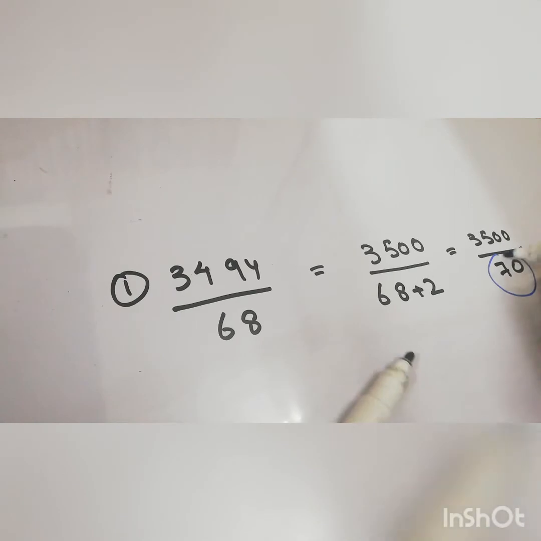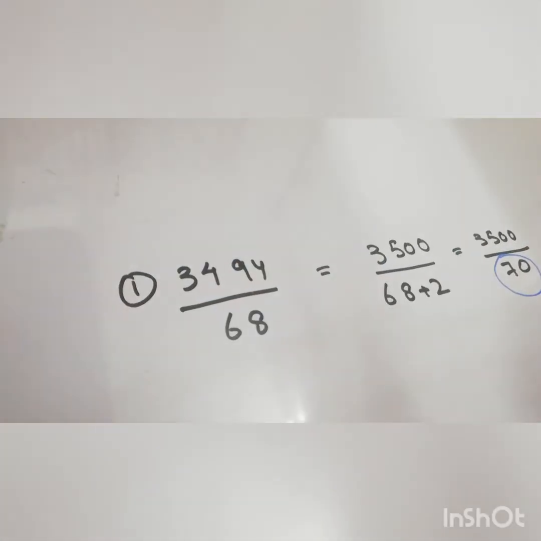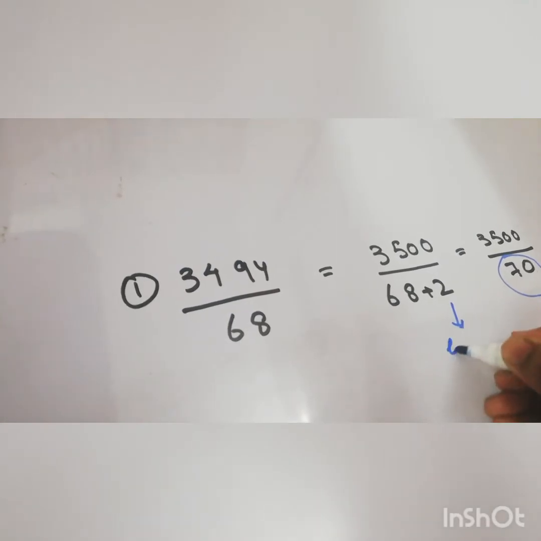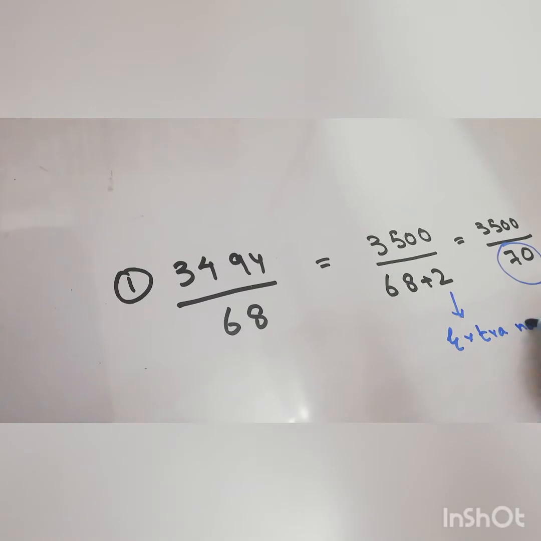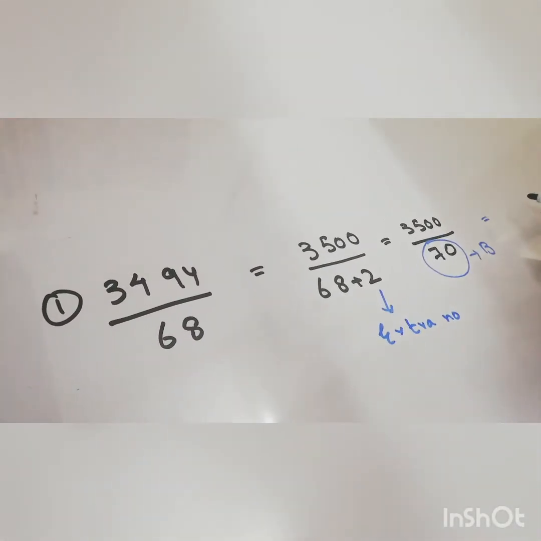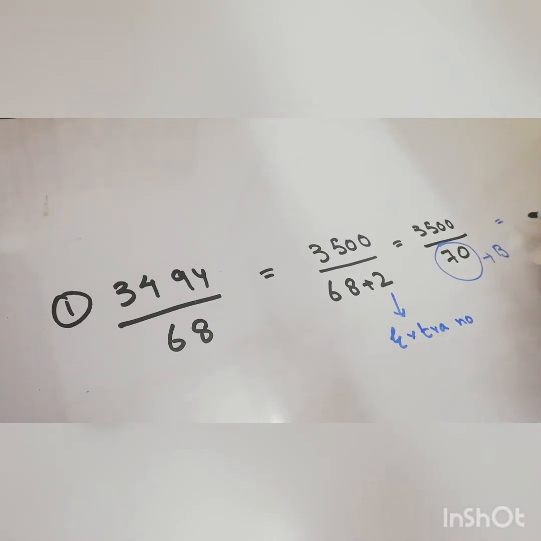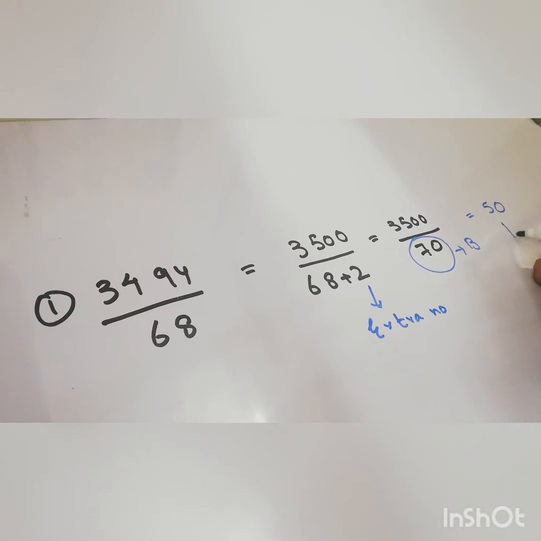So 70 will be my base number, and 2 will be my extra number. After dividing 3500 by 70, I get 50. So 50 is my rough answer.